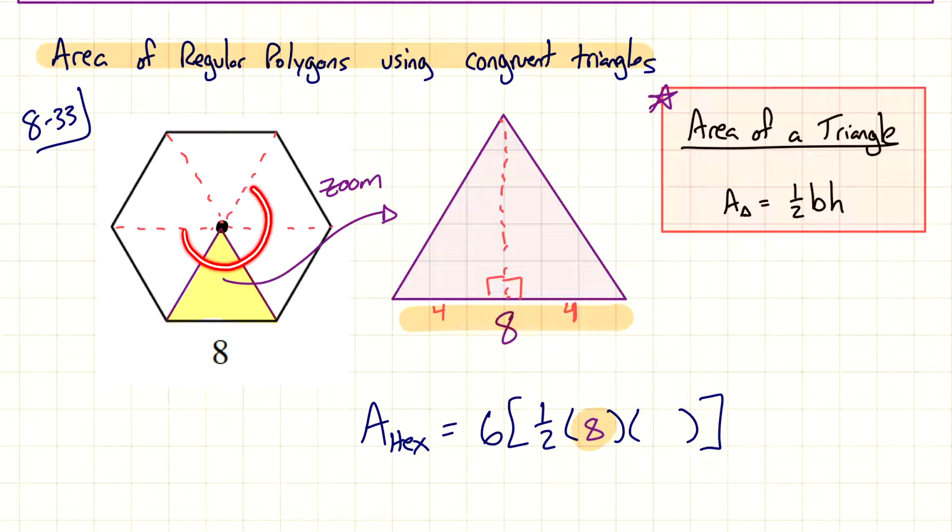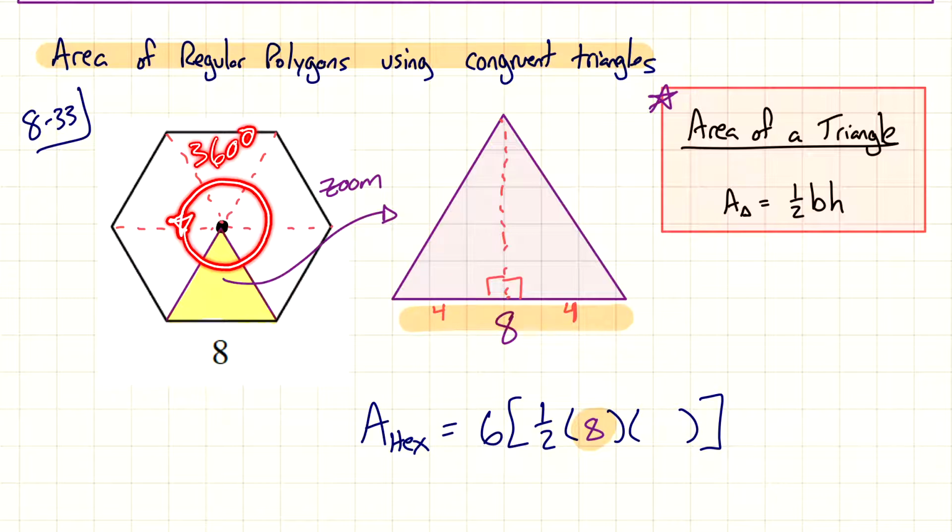This is where we're going to use some angle knowledge that we have. If you don't remember, if you go around in a full circle, it's 360 degrees. 360 degrees is a full circle.